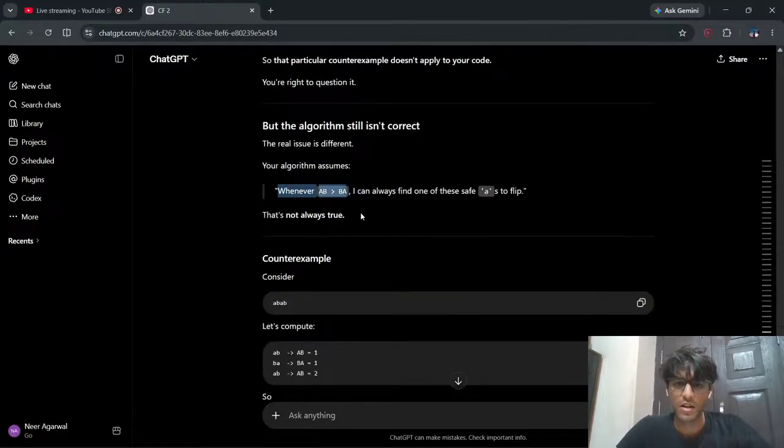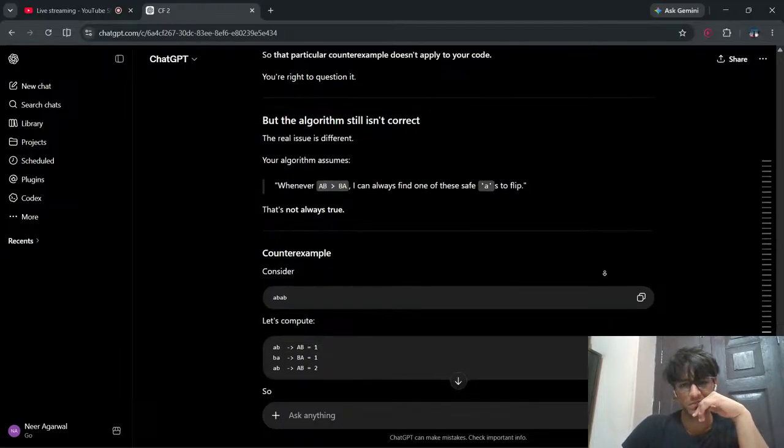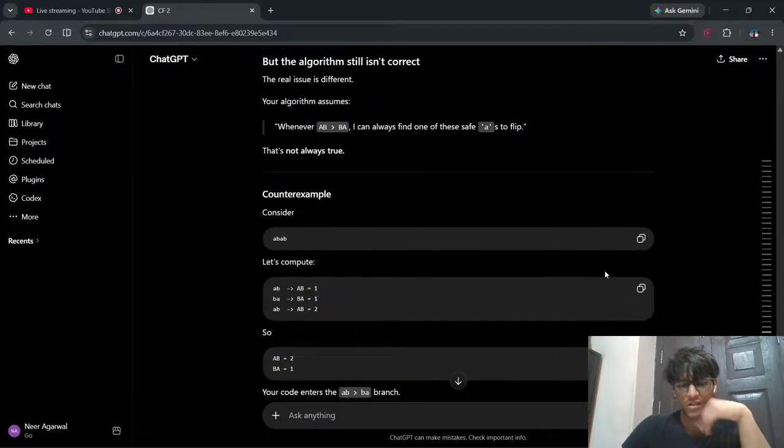Whenever AB is greater than zero, I can always find one of these safe A's to flip. I can always find one of these safe A's. But I can obviously, right? The string is B, AB, AB, B, AB.